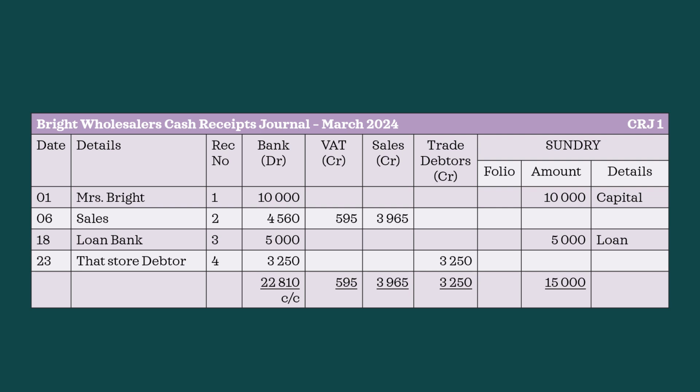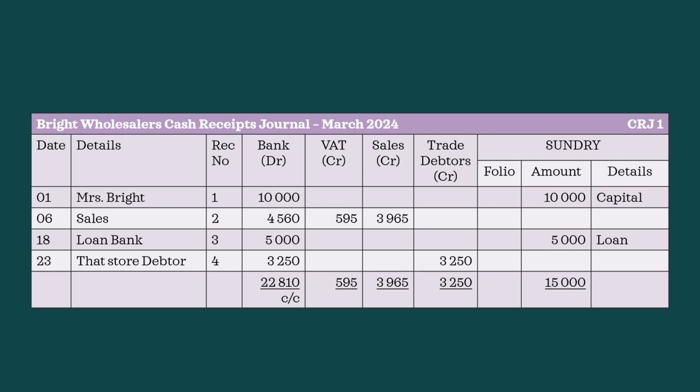Then at the end of each month, all the columns in the cash receipts and the cash payments journals are added up vertically, so you can see that we calculated bank, VAT, sales, trade debtors, and then the sundry amount as well. Then all the items that appear in both the bank column and the analysis columns, so that's all the other columns that's not bank.